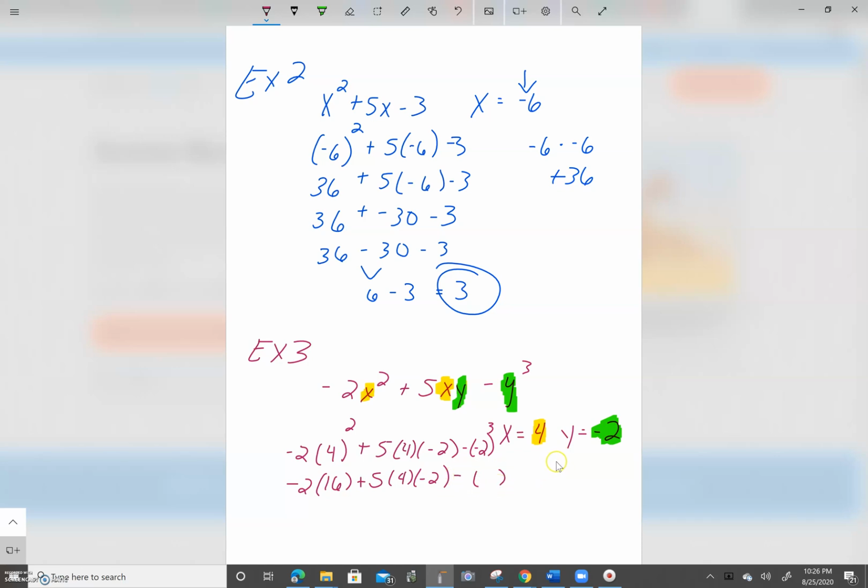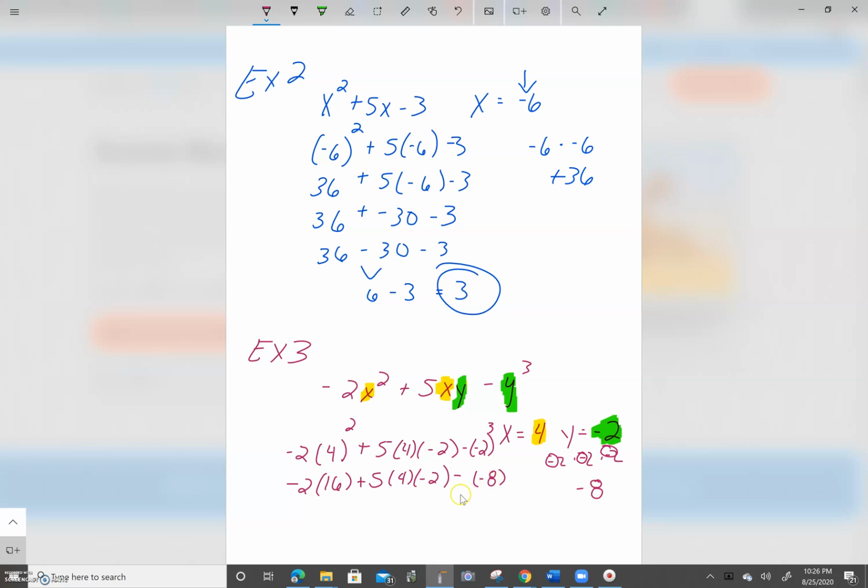and then instead of -2 cubed, I need to figure out what is -2 times -2 times -2. Well, I know 2 times 2 times 2 is 8, but be careful. A negative times a negative gives me a positive, but then when I multiply it by a negative again, it gives me a negative. So it's actually a -8 in the parentheses.